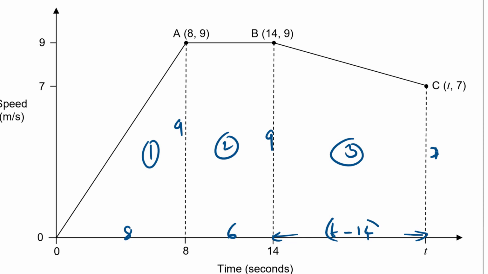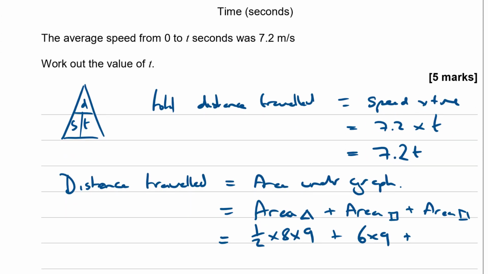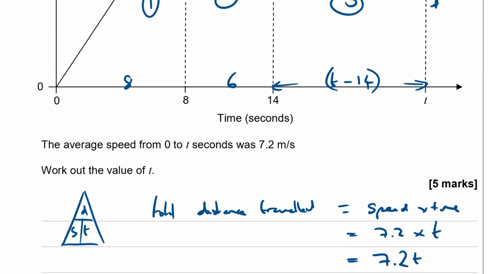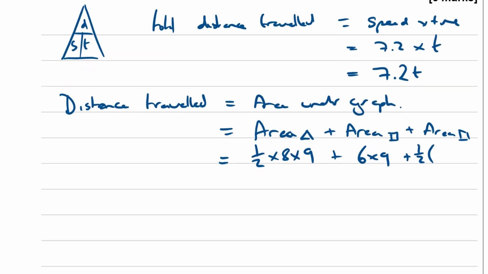So it's going to be half of 9 plus 7 times t subtract 14. Okay, so half 8 times 9 is: half of 8 is 4, 4 times 9 is 36. 6 9s are 54. And 9 plus 7 is 16, divided by 2 is 8, so that's 8 lots of t minus 14.